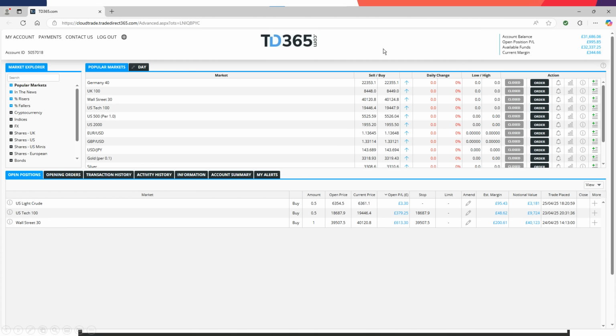And here's a snapshot of the actual platform. You will see that I have an account balance of 31,686, and I have 3 open positions. I have the beginning stages of a speculative long in US light crude, and then I have been somewhat bullish the market, Nasdaq and Wall Street, Dow, for about a week now, and I've been trying to buy dips.